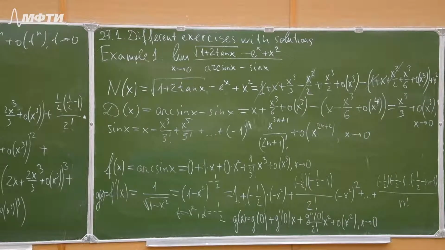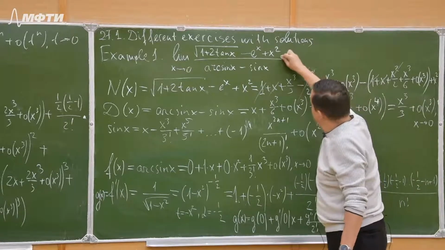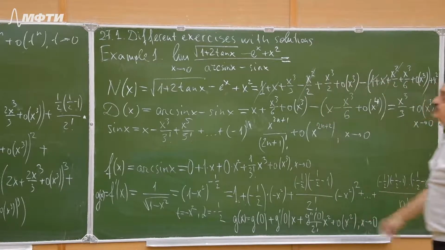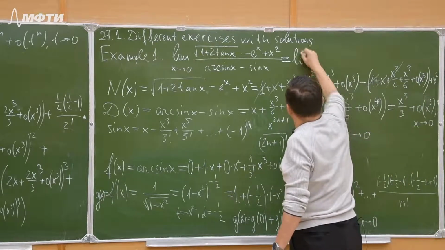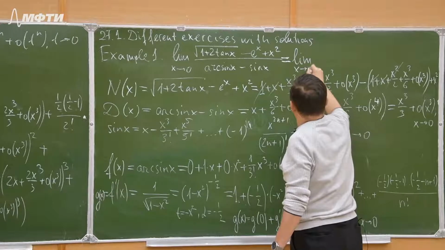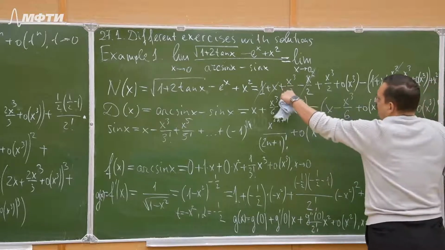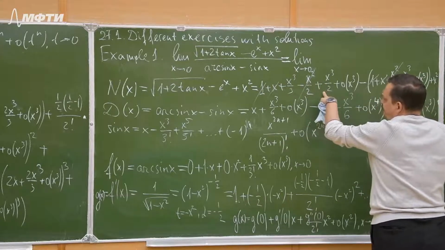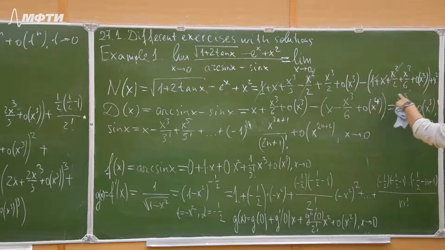So now I can substitute the results. So our limit is equal to the limit as x tends to 0. So what remains for the numerator? Look, 1 over 3 plus 1/2, it gives 5 over 6, minus 1 over 6, it gives 2 over 3.